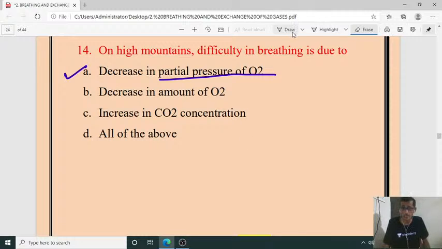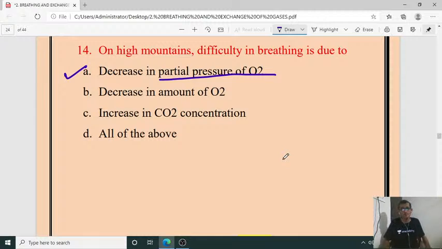Partial pressure is the pressure exerted by one single gaseous molecule onto the remaining gaseous molecules in the atmosphere. So partial pressure of oxygen is going to decrease. Difficulty in breathing refers to difficulty acquiring oxygen. As a result, that person will suffer from higher altitude sickness.